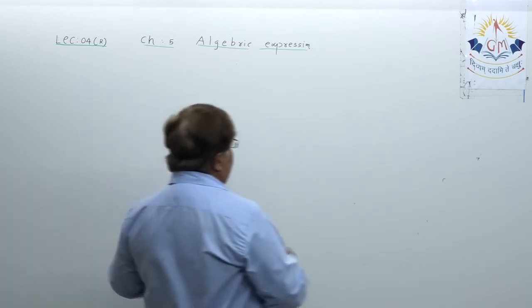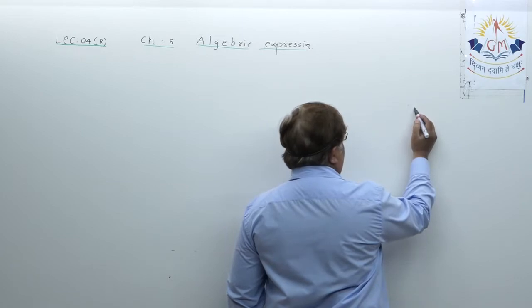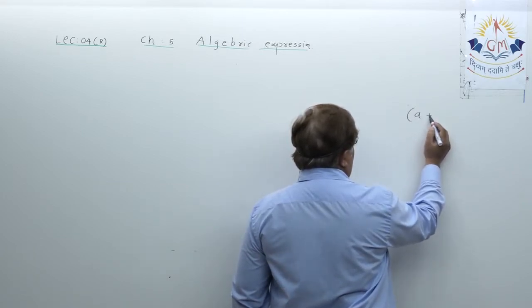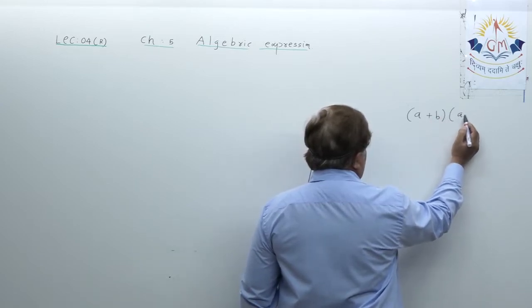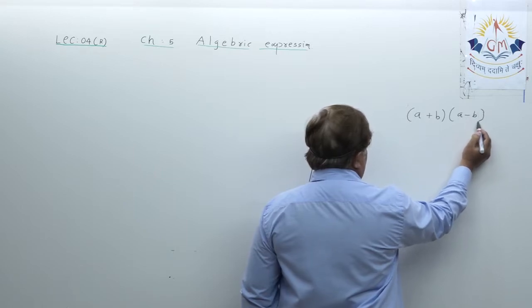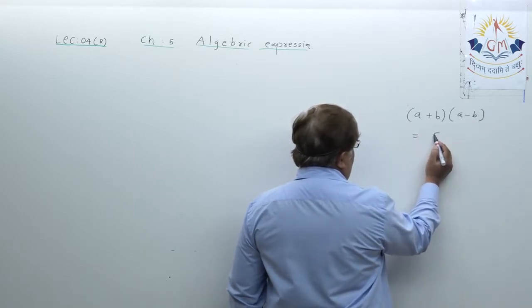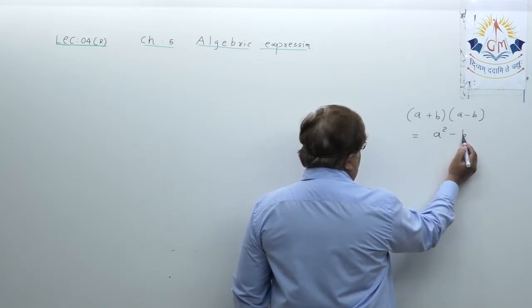I am avoiding one identity in revision. I just wrote it down here; you all know it very well. a plus b into a minus b is equal to a square minus b square.